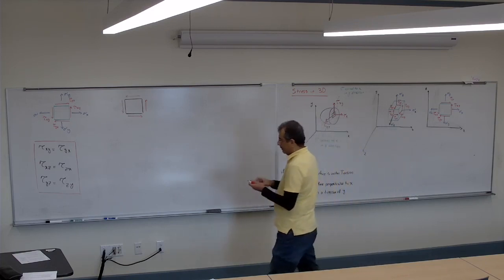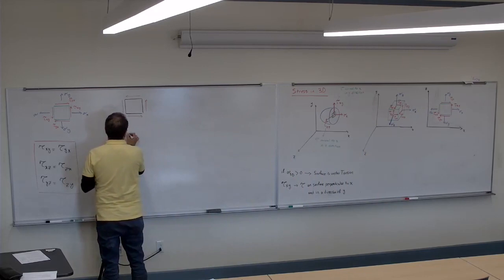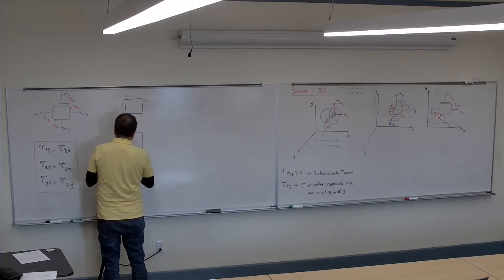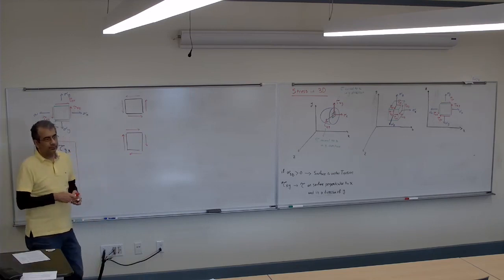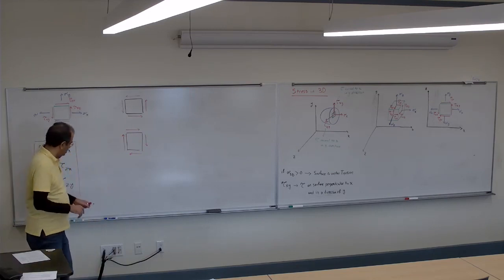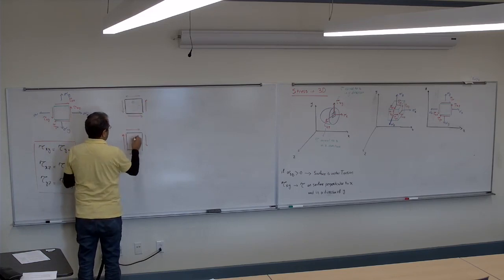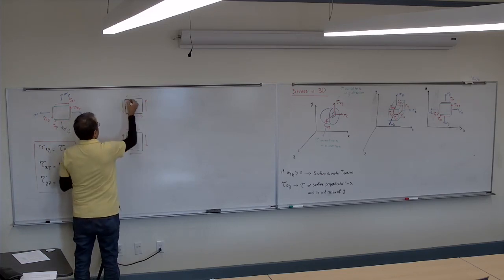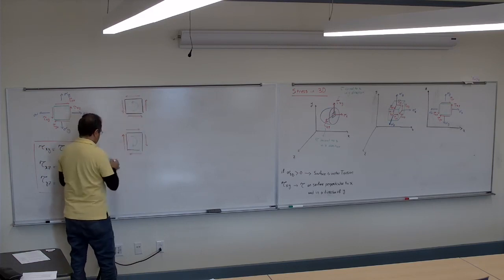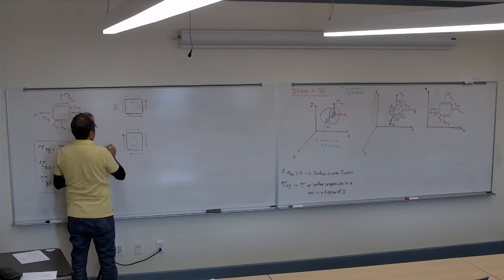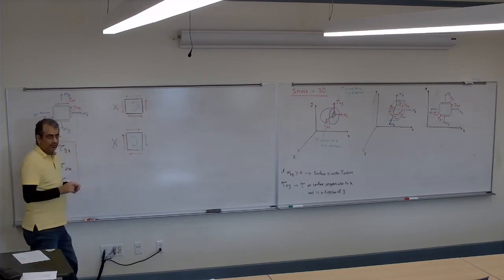What if I rotate it the other way? So this one is gonna spin like this, this one is gonna spin like that. So that can't be, that's not right.